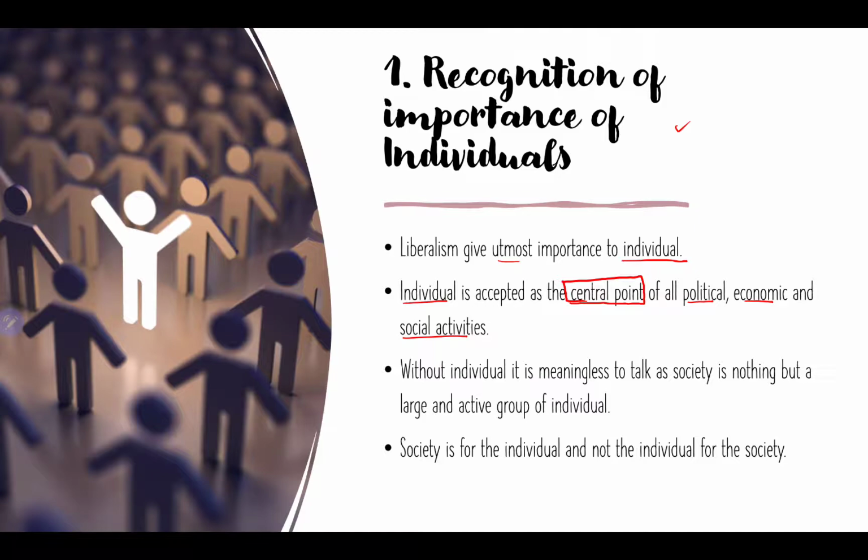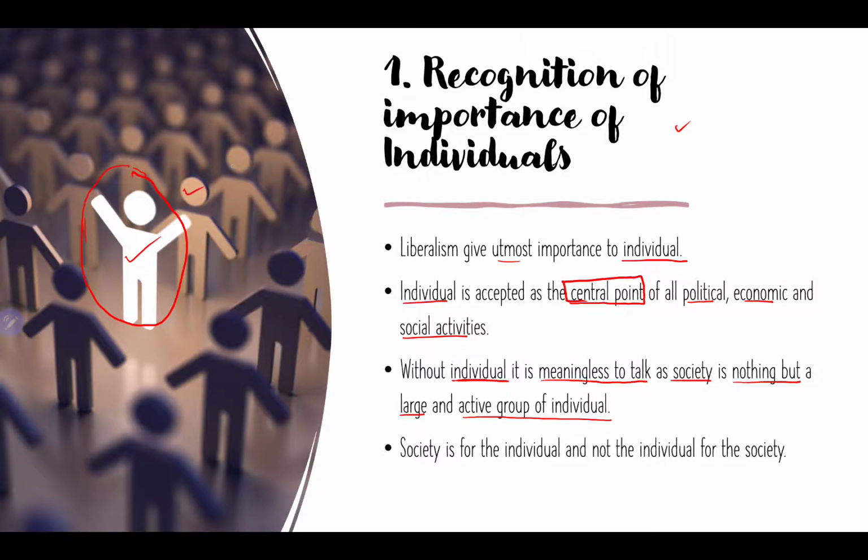It acts as a main postulate. Without the individual it is meaningless. If a society does not have individuals, it is meaningless to talk about a society, because society is nothing but a large group of individuals. How is a society created? If only one single person is there, that is not considered a society.